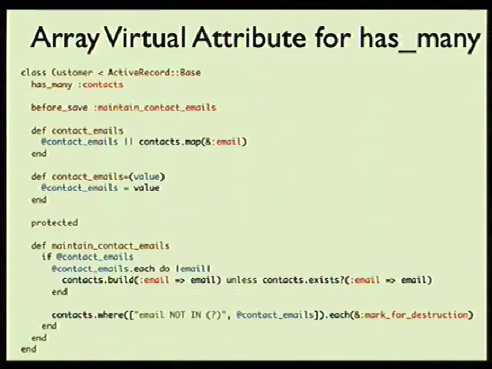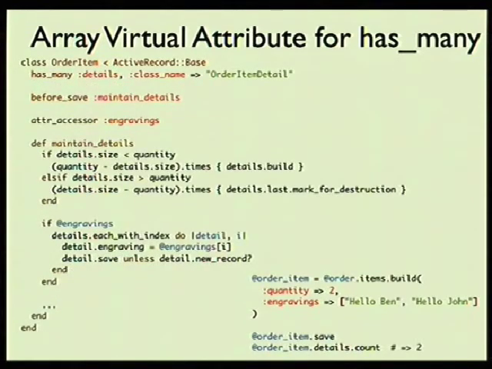So in this example, contact emails, the setter there, all it's going to do is set an instance variable. And then up here, if you're trying to get it, it's going to either return that or actually grab the emails. And then finally, if you had set that manually to an array, it'll go through and build them out for you, and then remove the ones that were not part of that array. So again, it just makes it easier to work with.